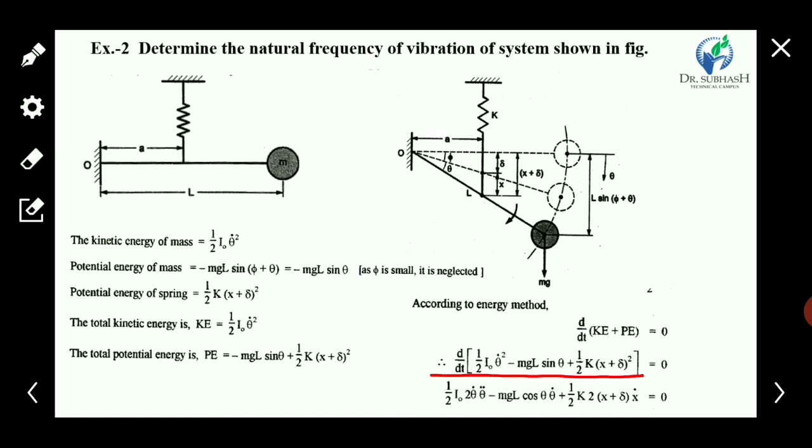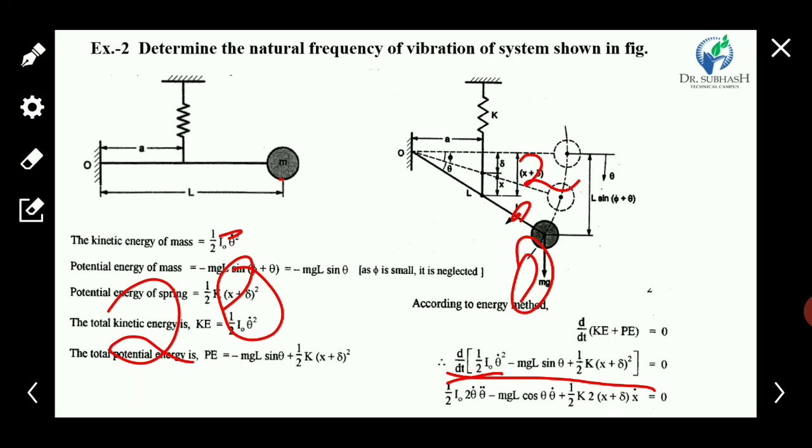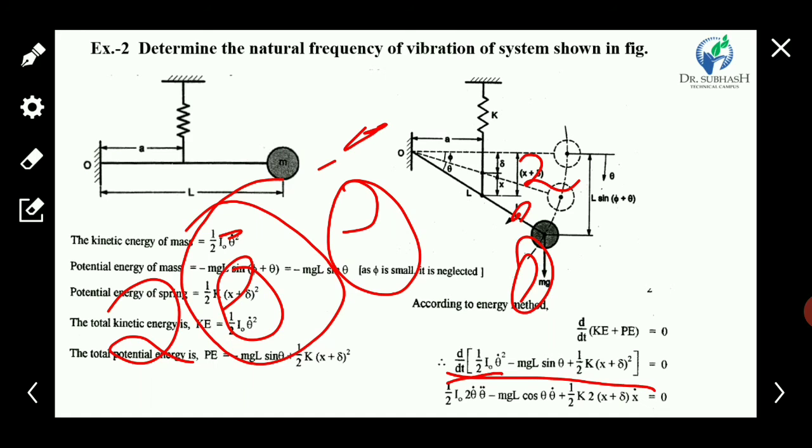Now put in all the energy values mentioned here and differentiate all the elements. 1/2 I_o is not differentiated because it is constant with respect to time. Only theta changes with time. So the differentiation of theta dot square is 2 theta dot times theta double dot.